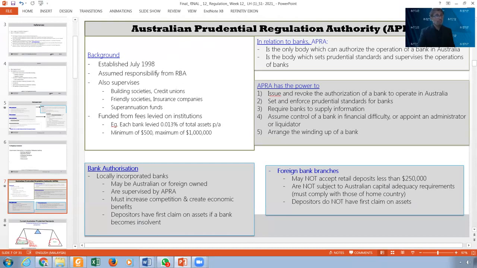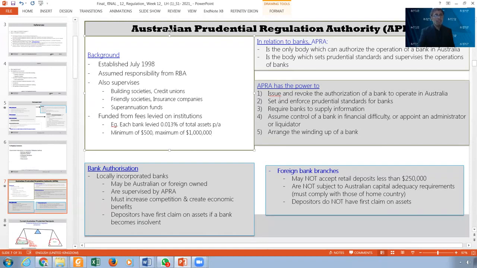Now, APRA is setting the standards, APRA is supervising the banks, APRA is receiving the reports, and APRA is financed not by the government but by the institutions. I think 0.3% of the total assets has to be contributed by each bank in the country to APRA. In Malaysia, I think Indonesia, and some other countries, the regulators are financed by the government.